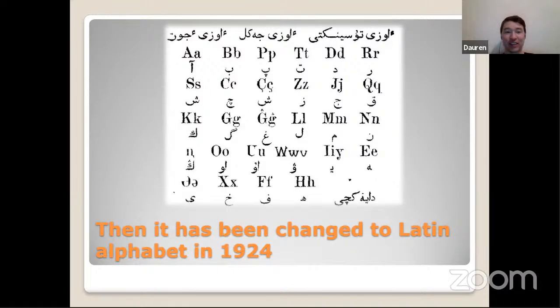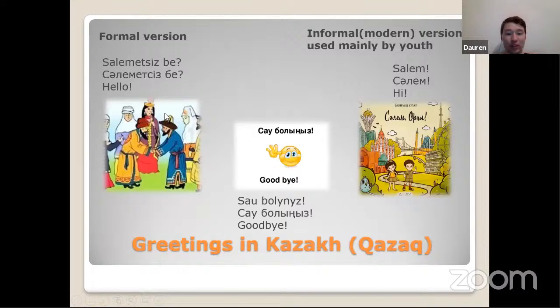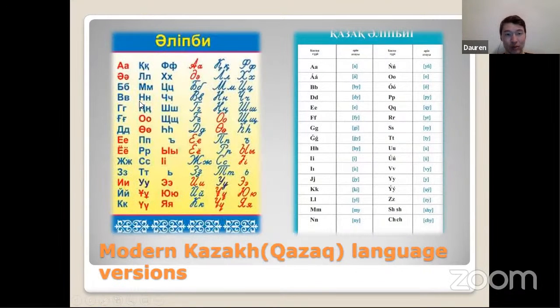Then the Latin version, and the next, the modern one, I would say, the Cyrillic one. The Cyrillic one was done after the Soviet Union's head, Joseph Stalin, told everyone that every country that was part of the USSR should make their alphabet in Cyrillic.